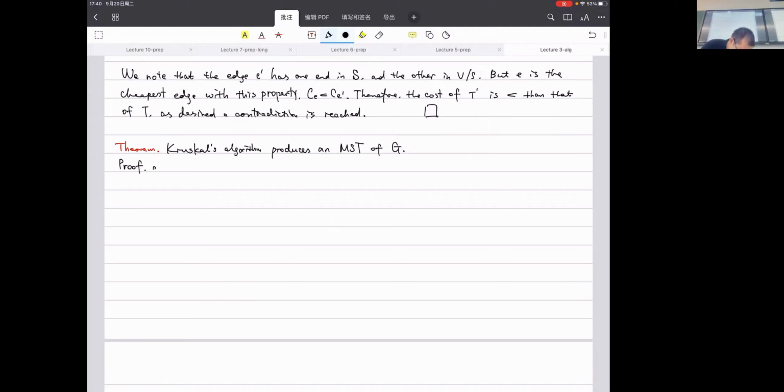So let's consider any edge e = (u, v) added by Kruskal's algorithm.